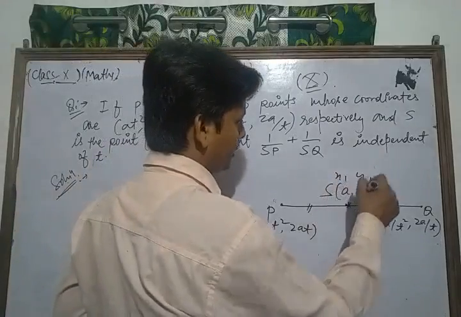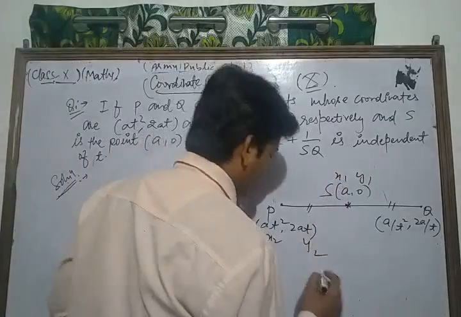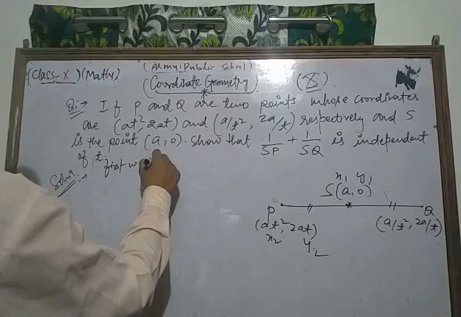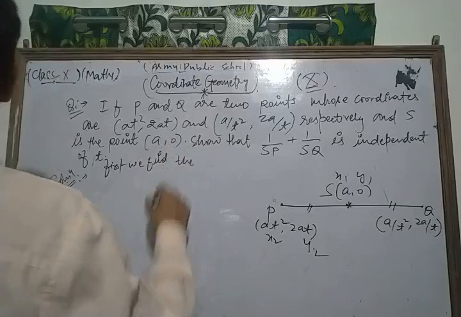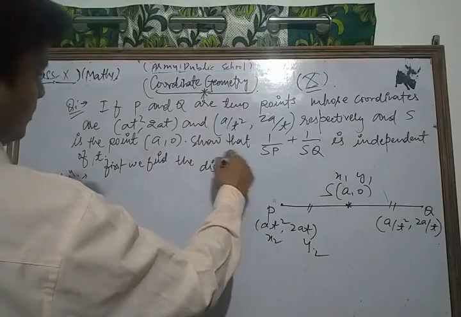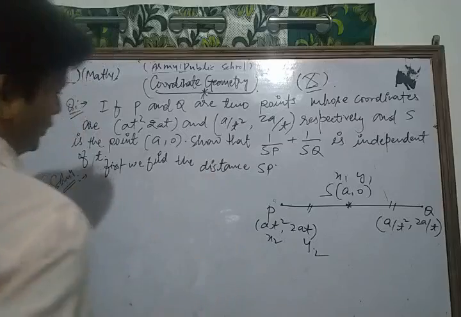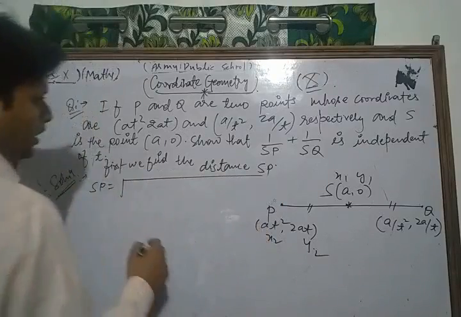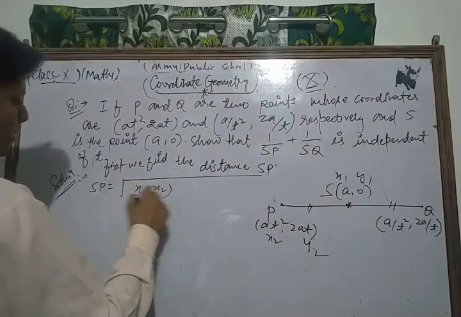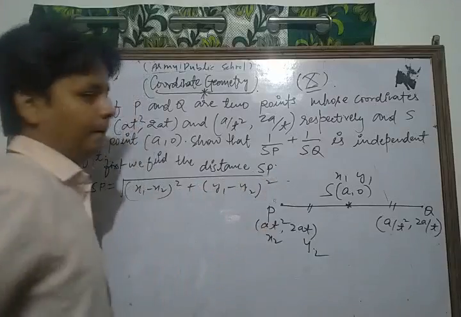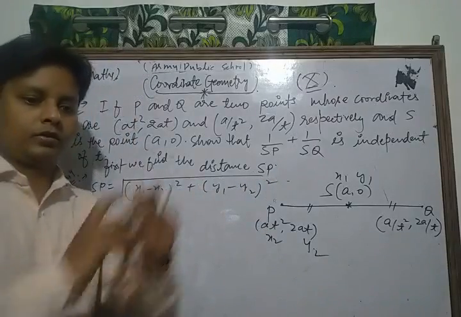We take (x1, y1) and (x2, y2). By the distance formula, you know that the distance is the square root of (x1 minus x2) whole square plus (y1 minus y2) whole square.